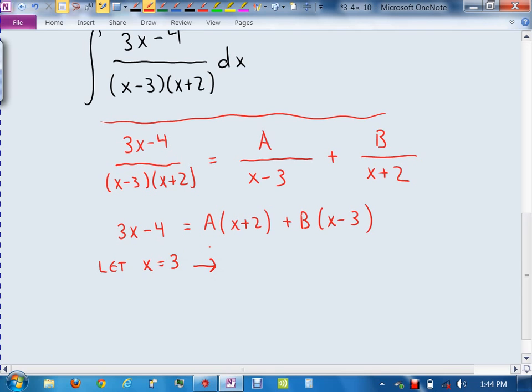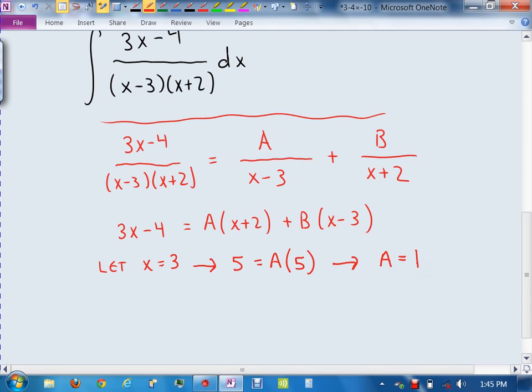If you do that, what do you get? You have to replace all your x's in this line with 3's. So 3 times 3, 9, take away 4 is 5. And then you'll have equals A times 5, right? 3 plus 2 is 5. And so divide by 5, A is 1. Good for us.